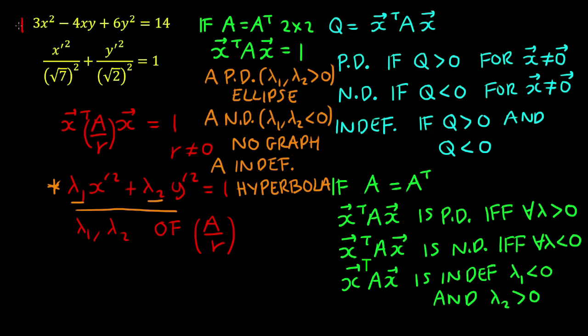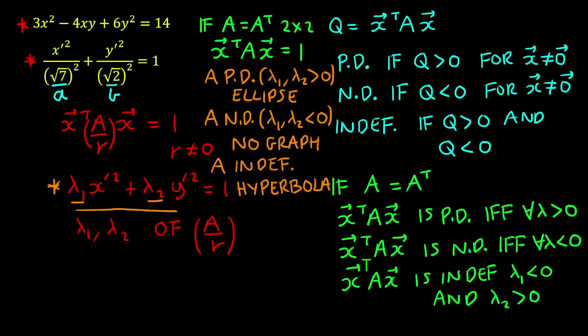So given our example here, through a change of variable, we found the following equation, and the length of the semi-major axis and the semi-minor axis of the ellipse in our rotated coordinate system.